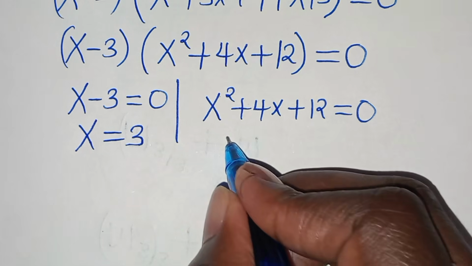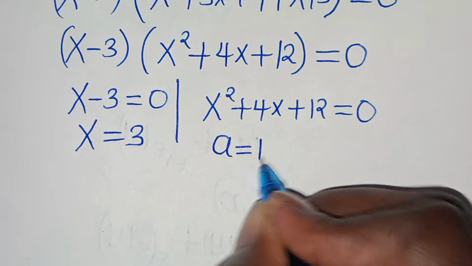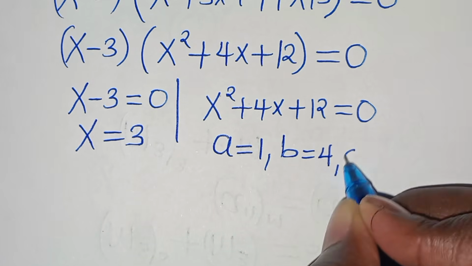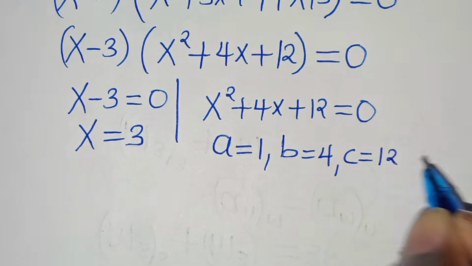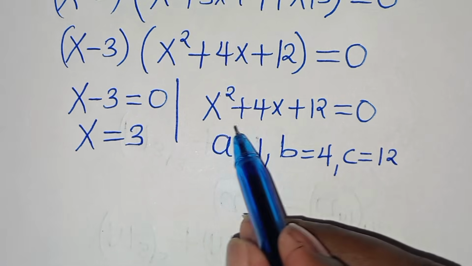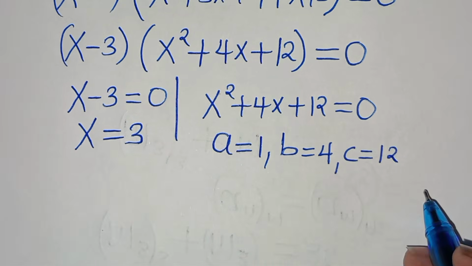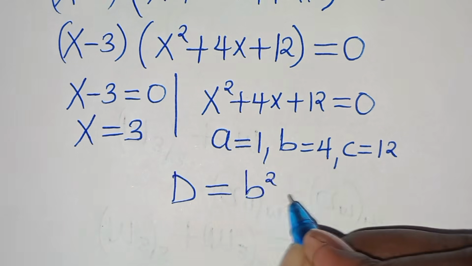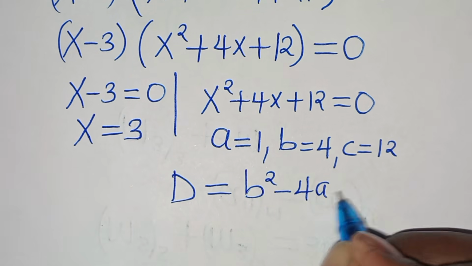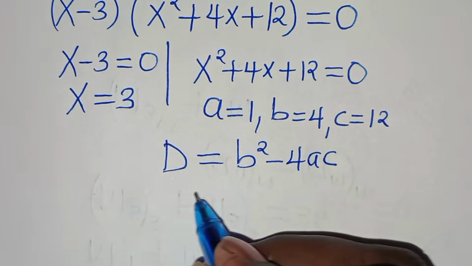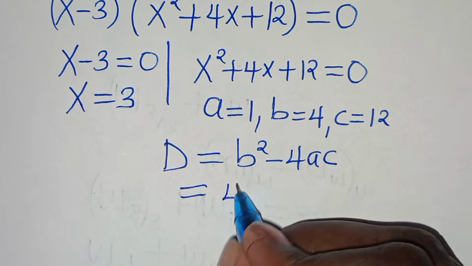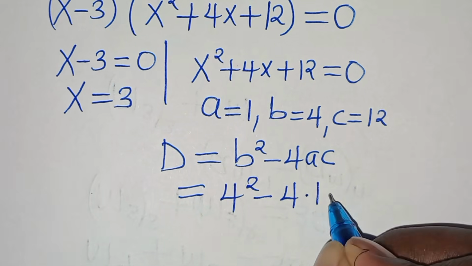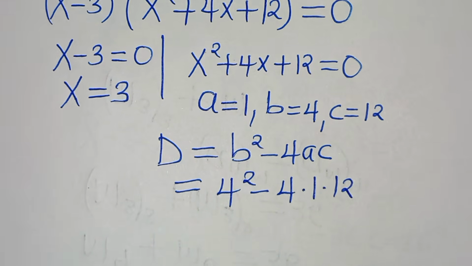From this quadratic equation, a is equal to 1, b is equal to 4, and c is equal to 12. Now, let's assess the nature of the roots of this quadratic equation, so we have the discriminant, which is b squared minus 4ac. That means we have 4 raised to the power of 2 minus 4 times a, which is 1, times c, which is 12.